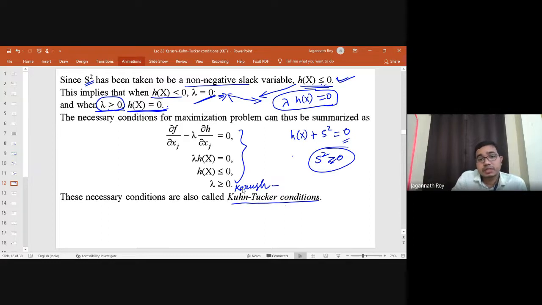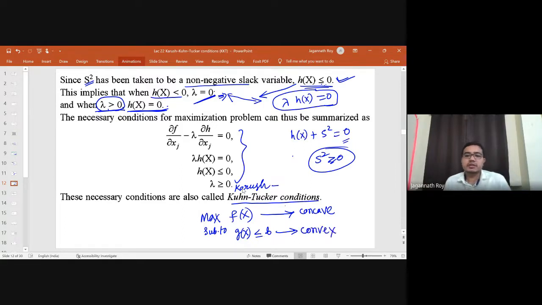Now these conditions will be sufficient also if the functions are, for example, maximization of fx subject to gx less than or equal to b. So this is a maximization, so that means f has to be concave. And the constraint we always try to take as a convex function, which will give a convex set, that is a convex region.